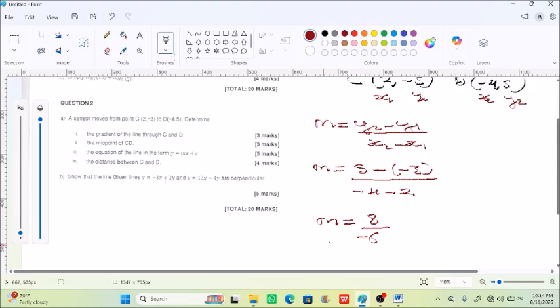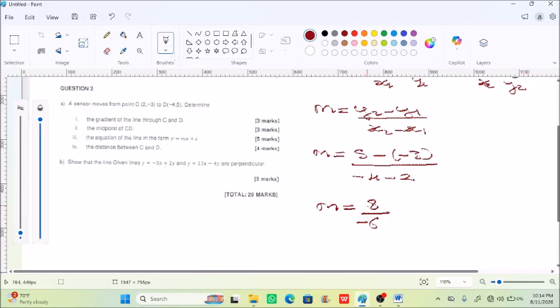So we have 8 over negative 6. We can divide 8 and 6 by 2 without leaving a remainder, so we have 4 over 3. So our gradient is equal to negative 4 over 3. This one becomes our final answer.